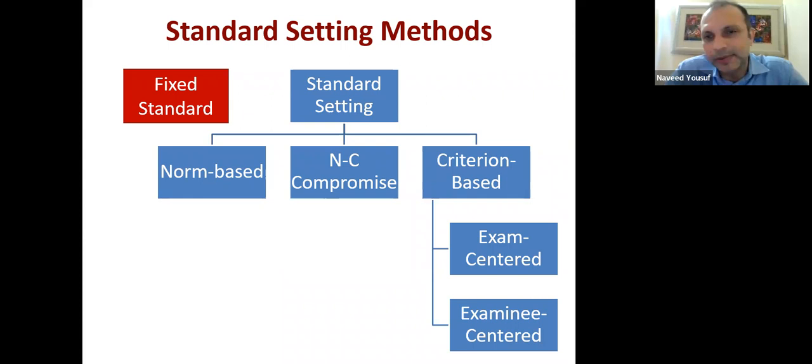Now let's come to another type of criterion-based. So what do you understand when you read the word criterion and criterion-based standard setting methods? Your responses in the chat box, please.